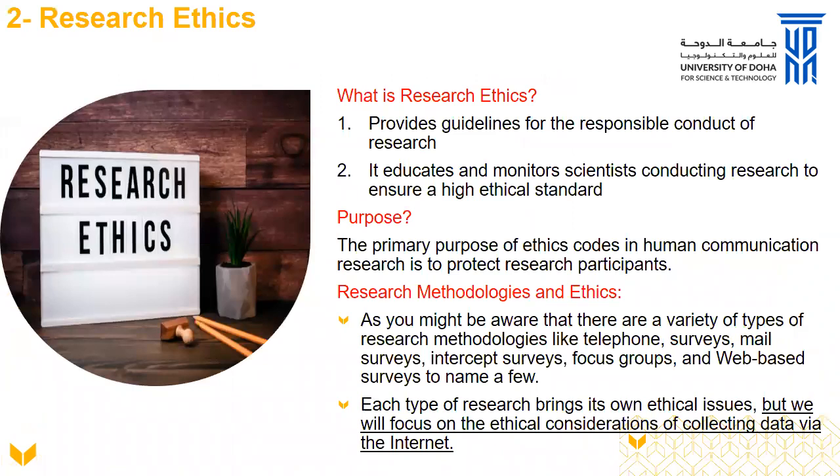So, research ethics. Some of these things I've sort of mentioned already in the previous slides. We do have to be responsible, and so we've got that responsibility to the general world of researchers. So we have to be honest in the way that we do our research, but we also have, and this is maybe the harder one, a responsibility to the people who are going to be affected by our research.